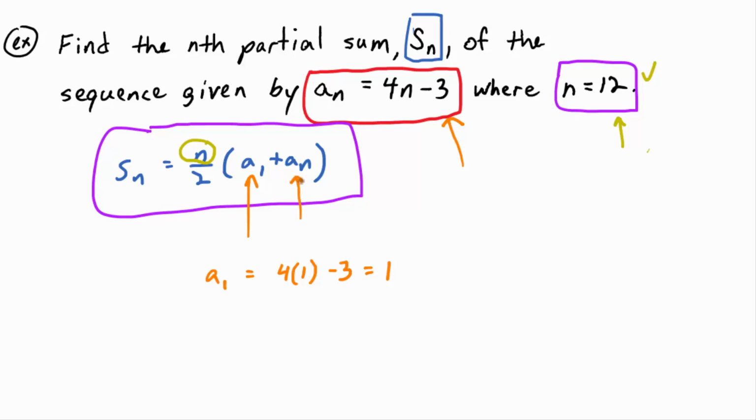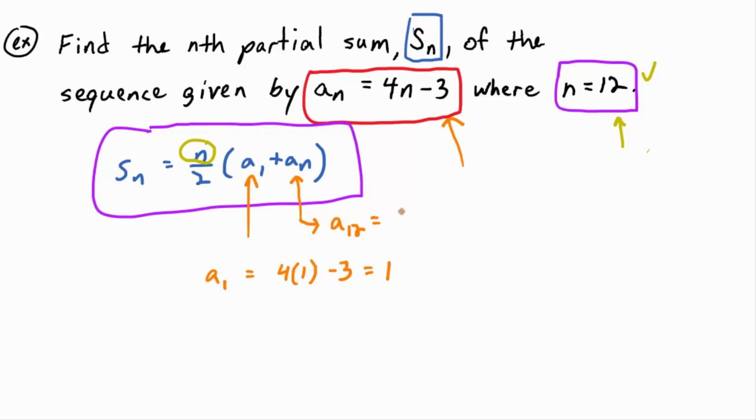And then what else do we need? Well, what's n in this case? 12. So in terms of n equals 12, we need to find a12. That's what the formula tells us to find. The reason that's important, writing a12 down, is that it tells you what to plug into the explicit formula.